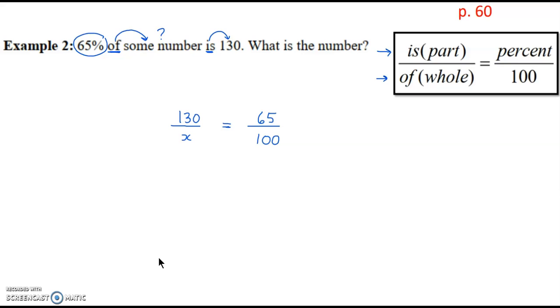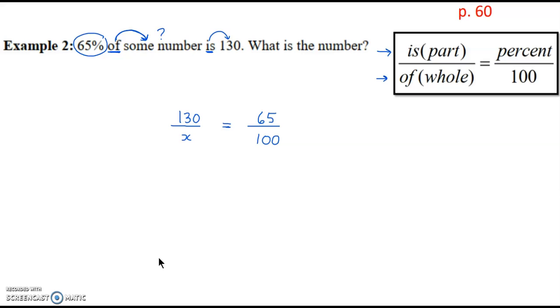So we are looking for a number that is going to be bigger than 130 because 130 is 65% of it. So we can read carefully and we can fill in the missing information based on what we read. Of some number goes in the denominator, our missing number, is 130 goes in the numerator position.